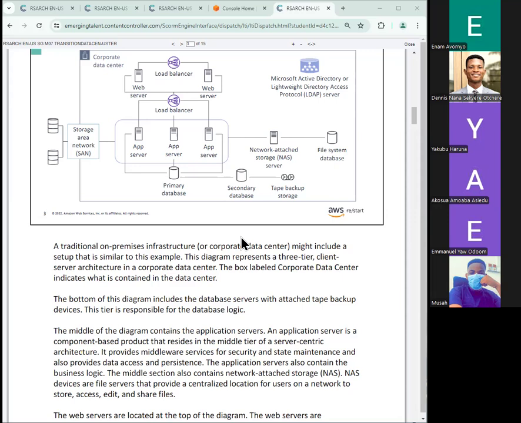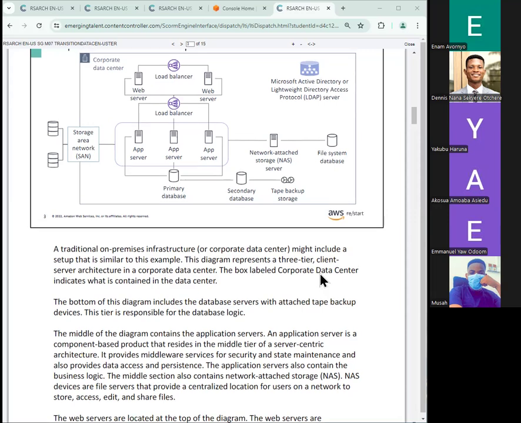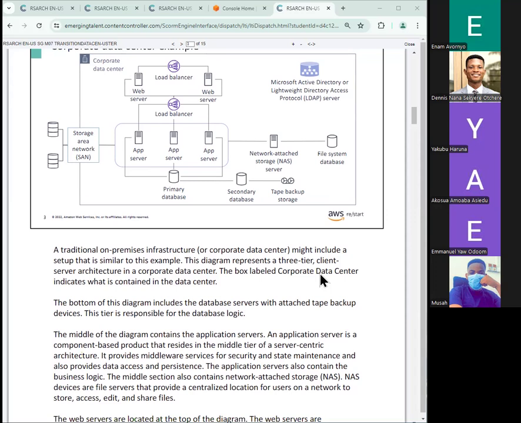So that means the storage area network is inside a server. Let's say if we are looking at a physical server, will it be inside the server, or is it separate from the server? I think from the diagram, it looks separate from the server. Because it's operating with the network too, it could be separate and still be able to perform its function.